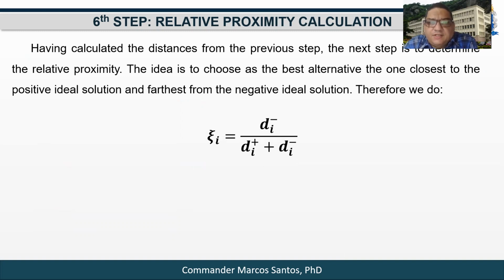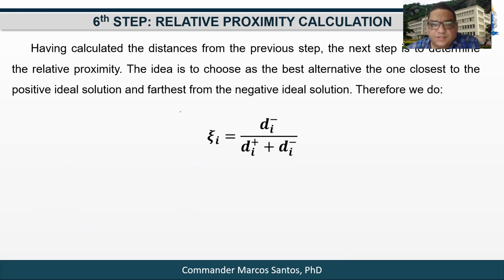Having calculated the distance from the previous step, the next step is to determine the relative proximity. The idea is to choose as the best alternative the one closest to the positive ideal solution and farthest from the negative ideal solution.